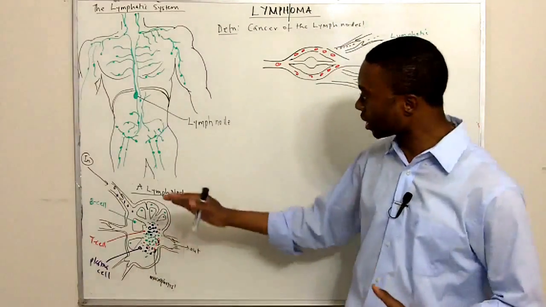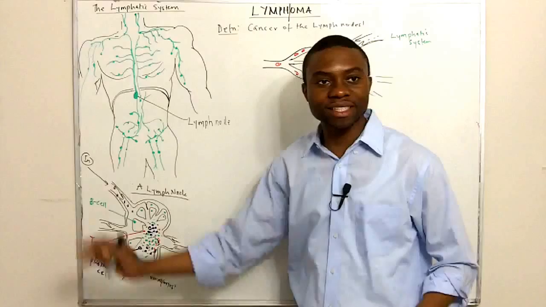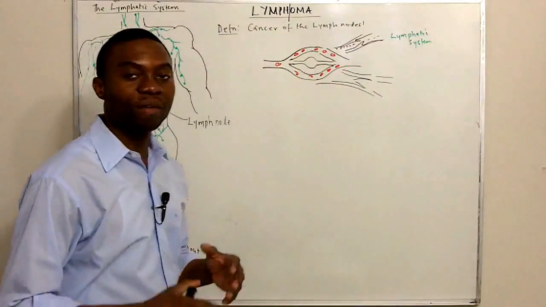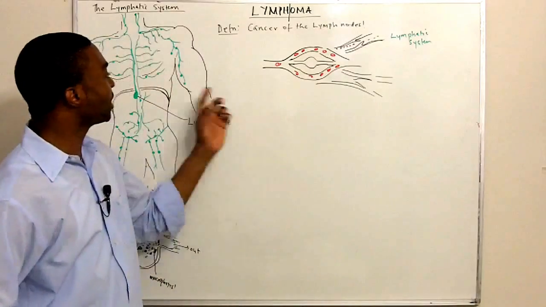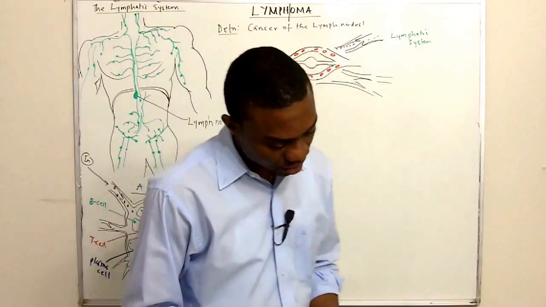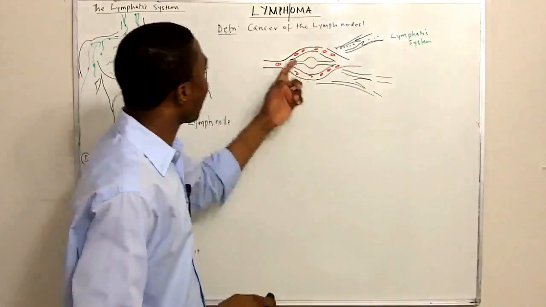So now that we know what a lymph node looks like and what the lymphatic system looks like, let's come back to lymphoma. When we have a cancer of the lymph node, we have a lymphoma. There are two types of lymphoma.